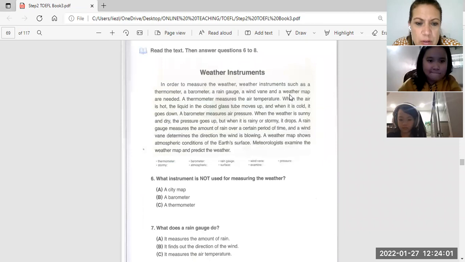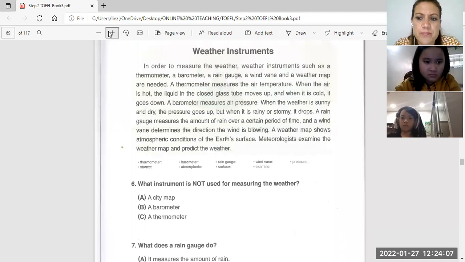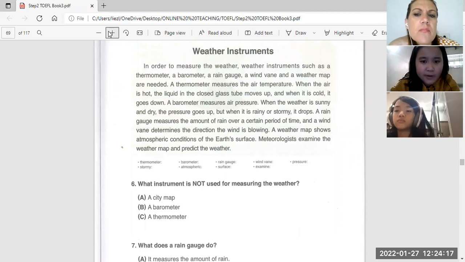Okay, now read weather instruments. I'll make it a little bit bigger for you. In order to measure the weather, instruments such as a thermometer, a barometer, a rain gauge, a wind vane, and a weather map are needed.